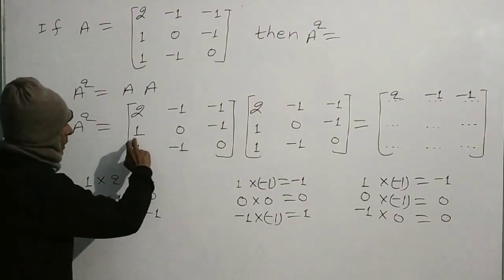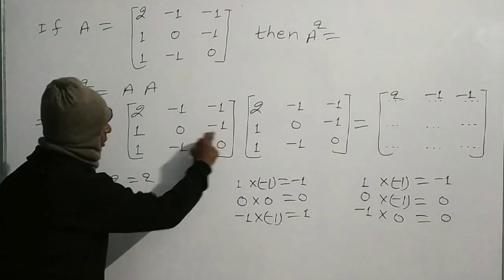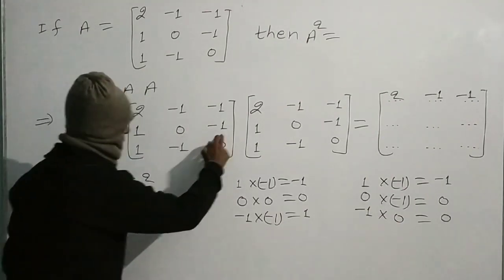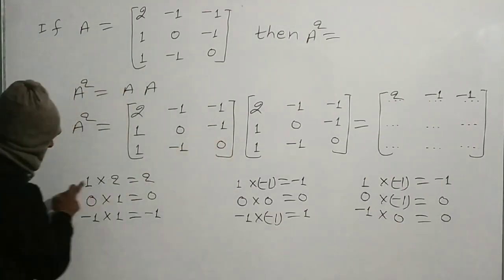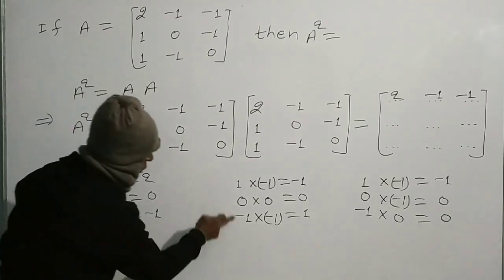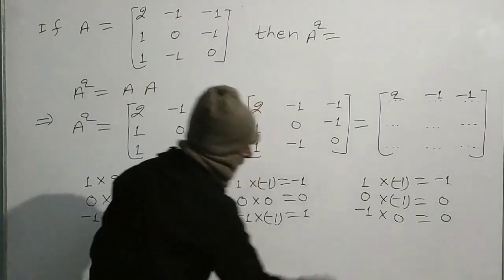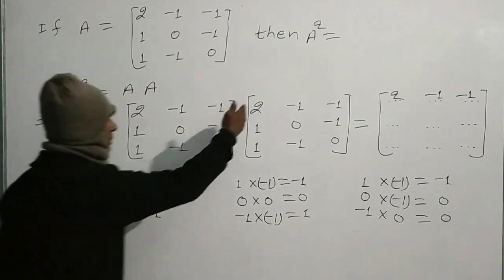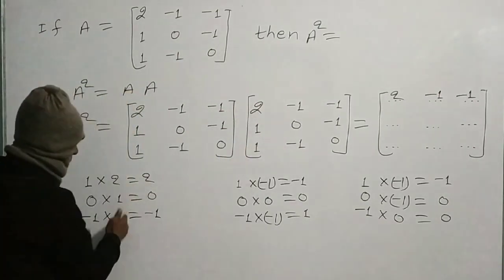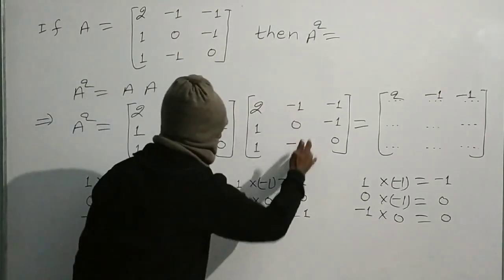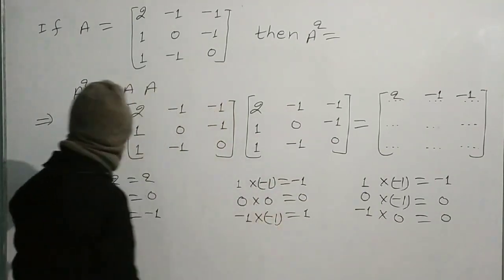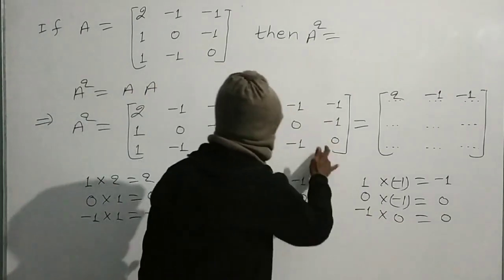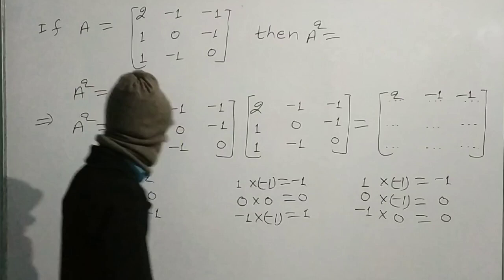Now multiply elements of the second row, 1, 0, minus 1, with elements of the first column here, second column here, third column here.